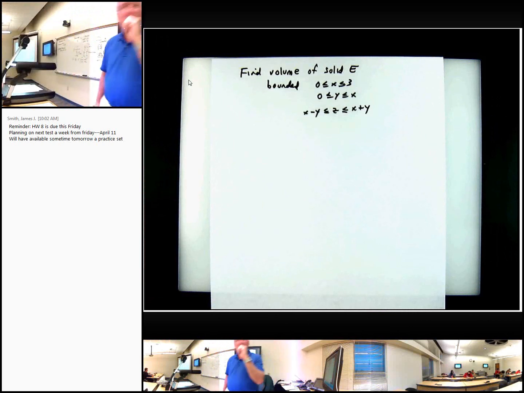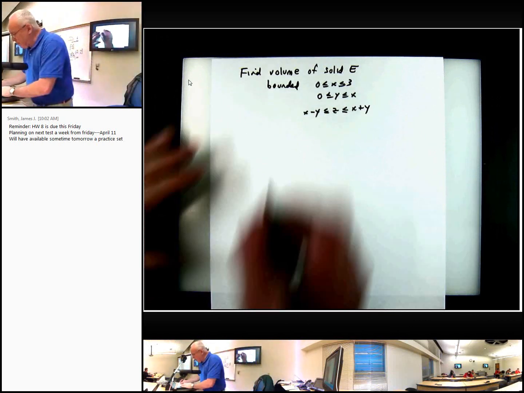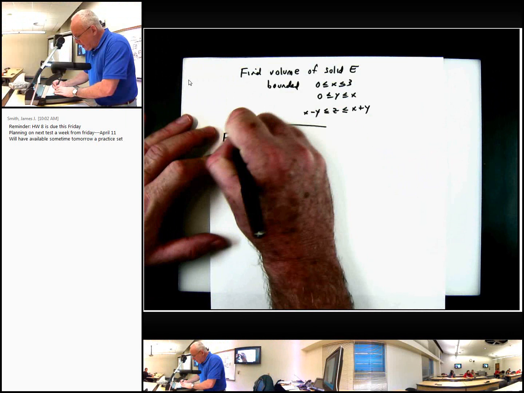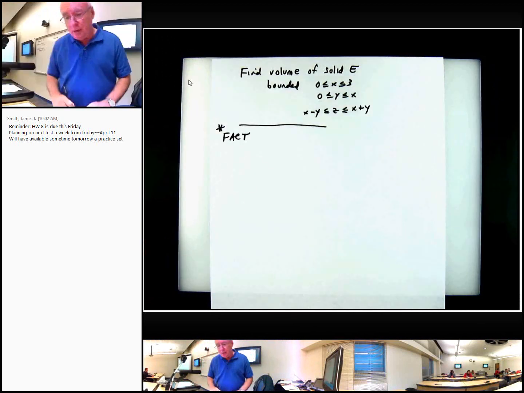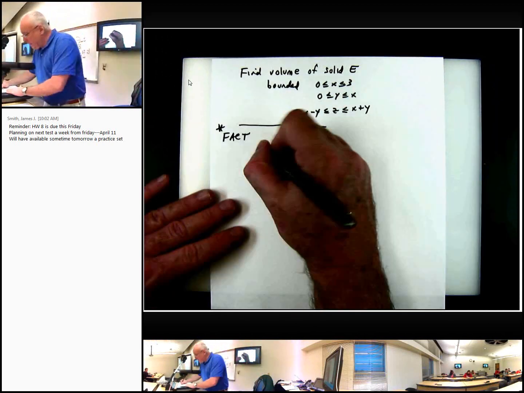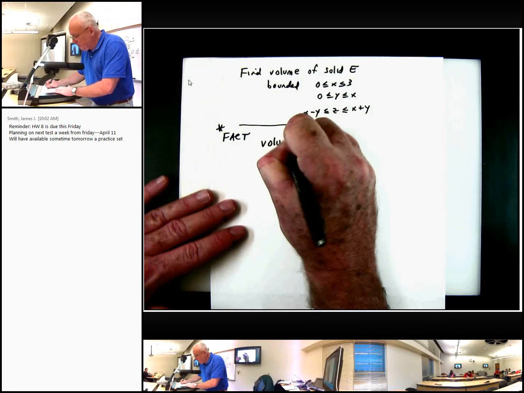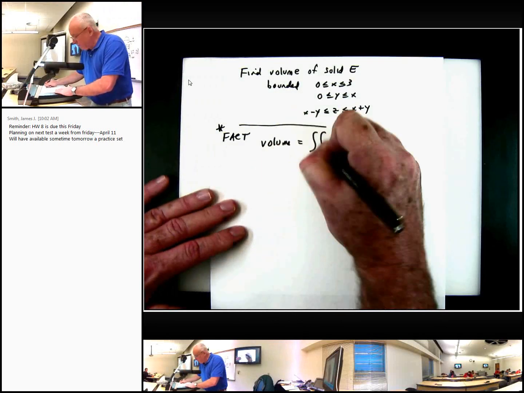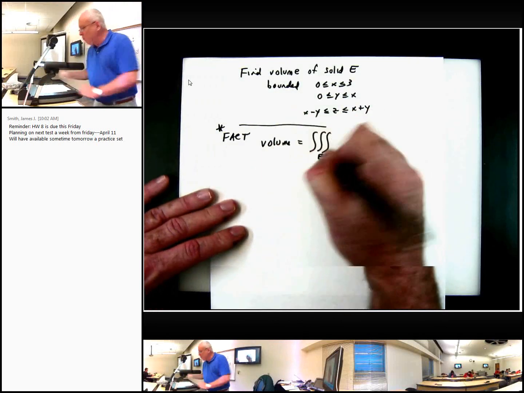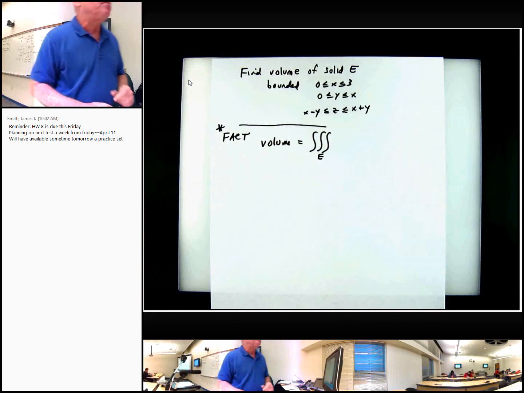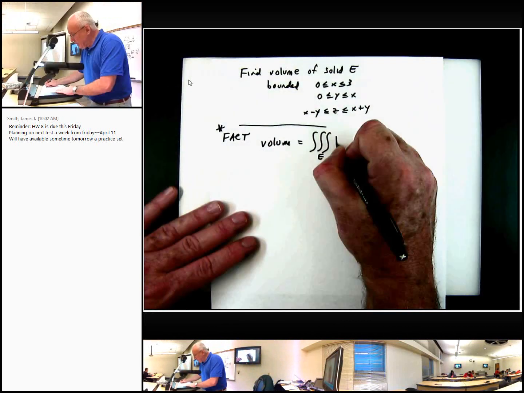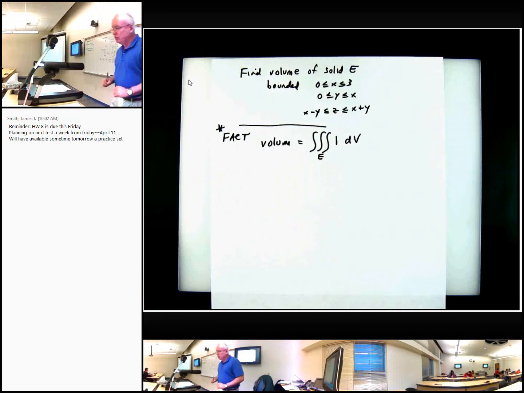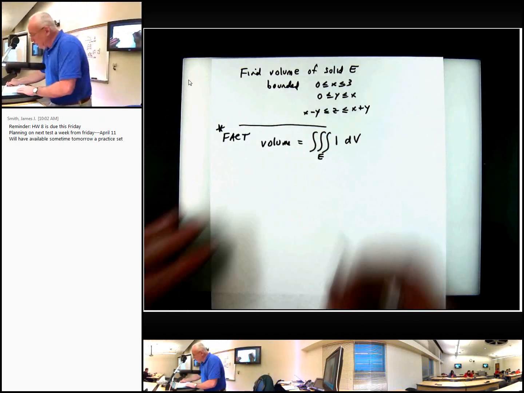Now, before we actually do the problem, I want to give you this fact or a reminder here. The volume is going to be that triple integral over whatever our solid is of 1 times dV. Okay, that's the formula for a volume.